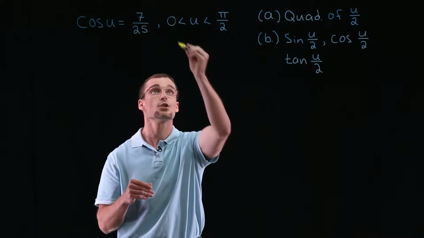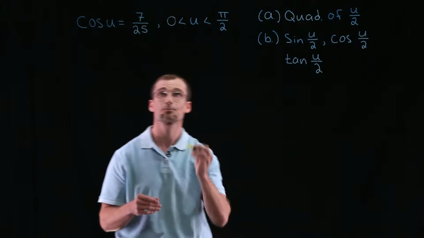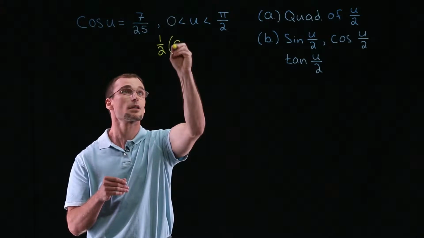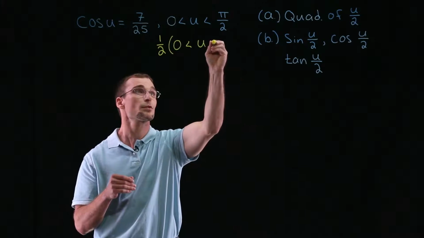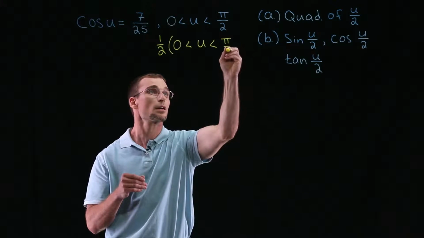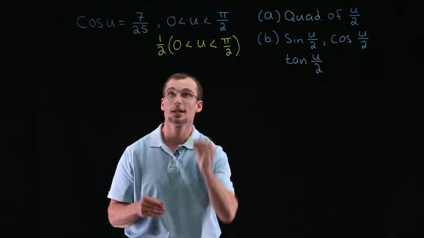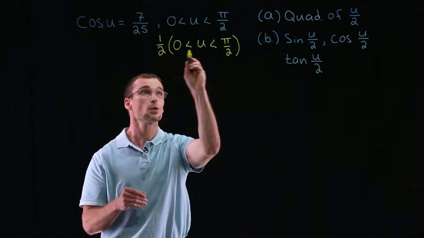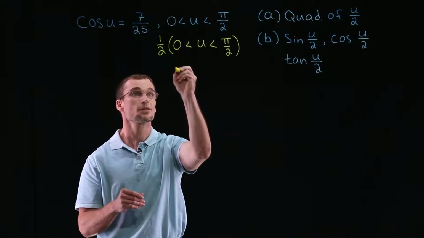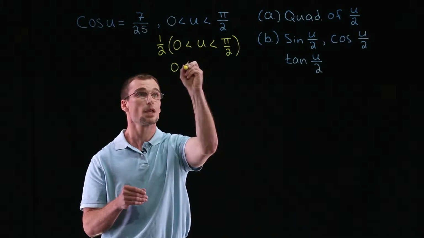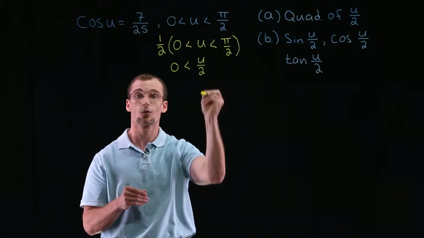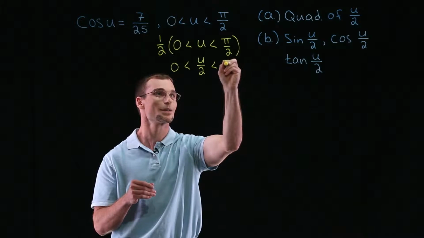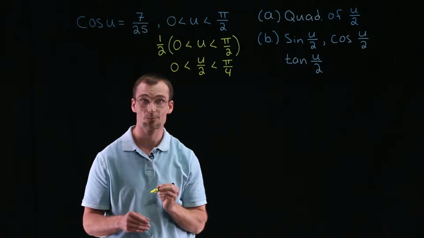So we want the angle u over 2. How can we get that? What we can do is multiply through this inequality by a half, because I'm trying to develop an angle u over 2 in the middle. If we multiply through each of our values, 1/2 times 0 is 0, which is less than u over 2, and 1/2 times pi over 2 gives us pi over 4.